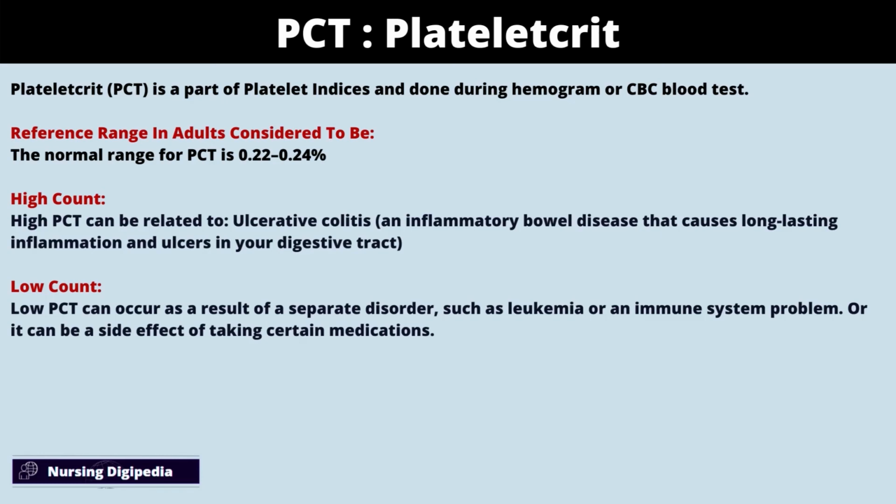High PCT can be related to ulcerative colitis, an inflammatory bowel disease that causes long-lasting inflammation and ulcers in your digestive tract. Low PCT can occur as a result of a separate disorder, such as leukemia or an immune system problem, or it can be a side effect of taking certain medications.